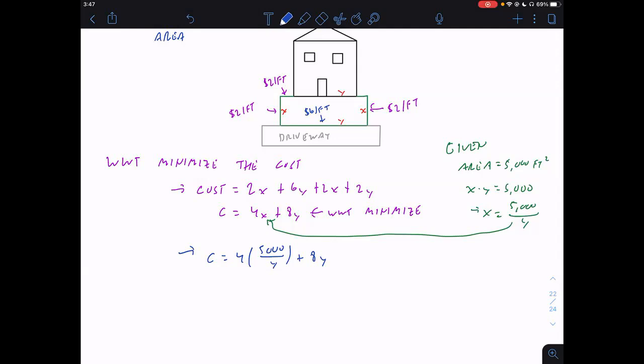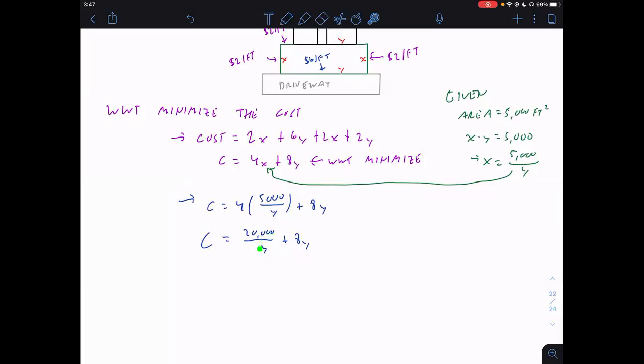What does that give us here? It gives us 20,000 over y plus 8y as our cost function in terms of just 1 variable.